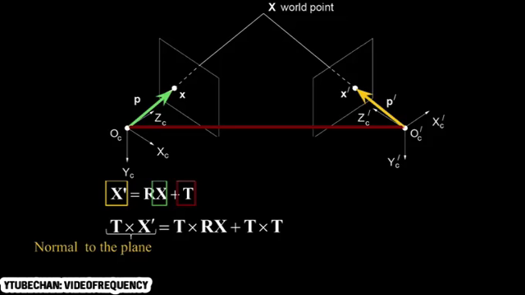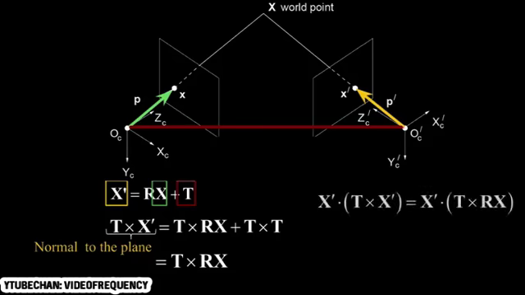By the way, I wrote here that this is normal to the plane. Remember that t cross x prime is perpendicular to both of them, so it would be perpendicular to the epipolar plane we're showing here. We'll maybe make use of that in a minute. More importantly, we've got t cross t here. What's t cross t? Not very much, otherwise known as 0. So that just means that t cross x prime is equal to t cross Rx.